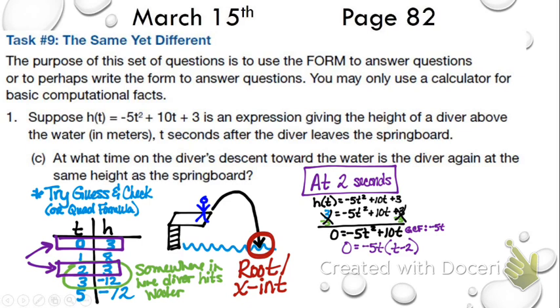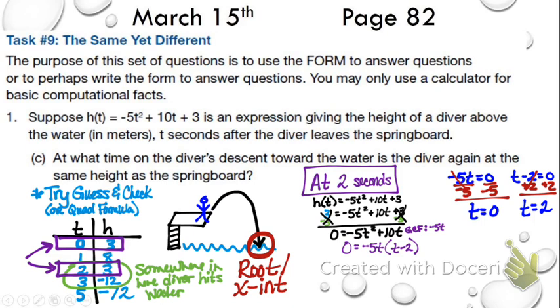Set them equal to 0, so negative 5t equals 0 and t minus 2 equals 0, and solve them both for t. And I get that t is 0. Well, we knew that already. He started at 3 meters high. And t equals 2. So at those 2 times, he's 3 meters up.